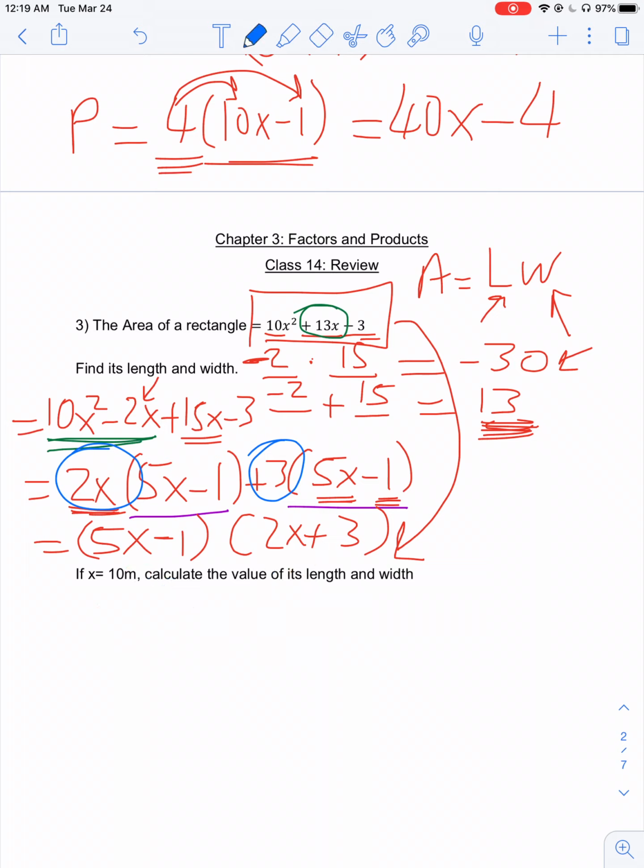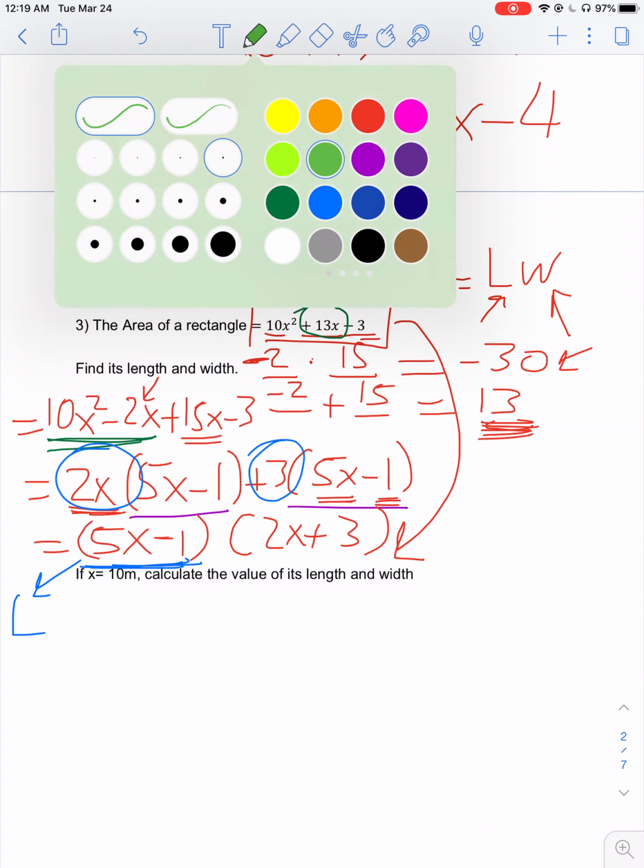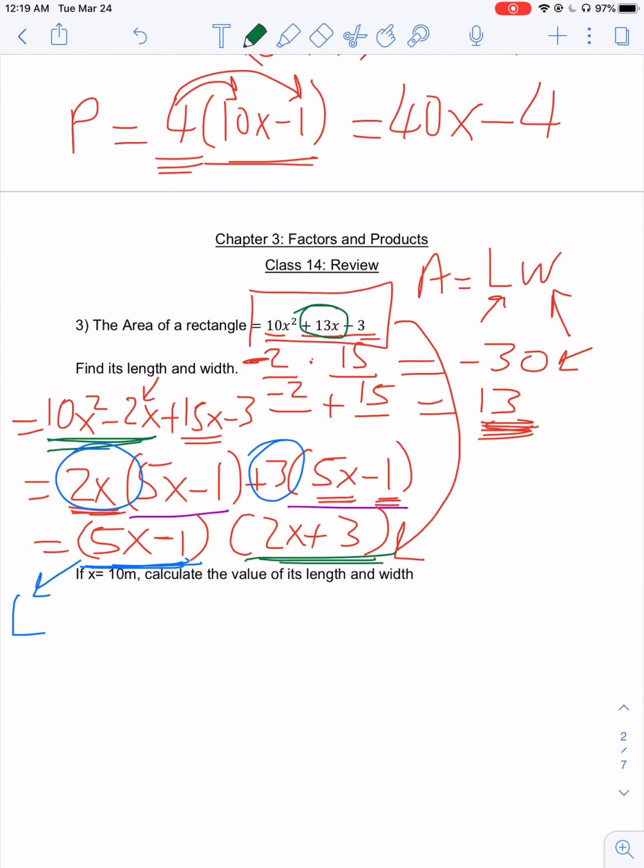So let's say this in blue over here is my length, and this in green is my width. And it could be the other way around. It doesn't really matter.